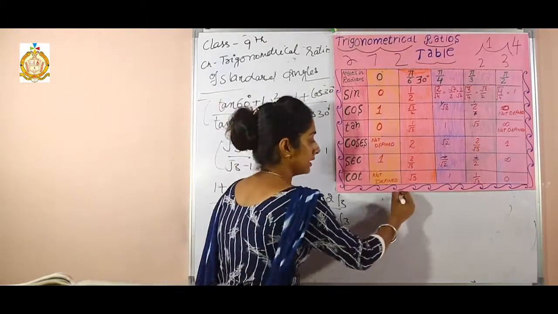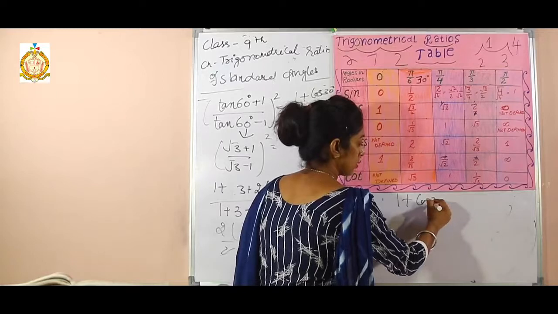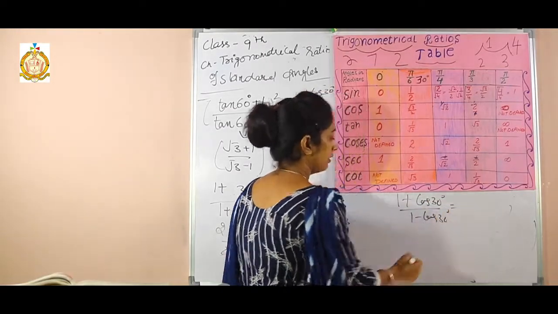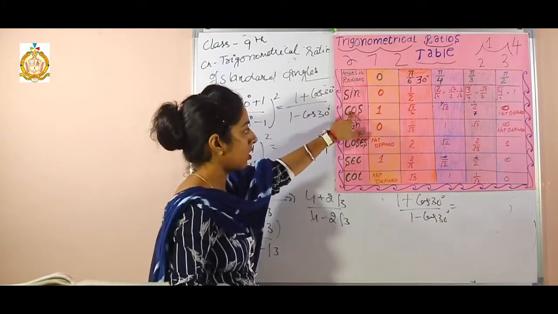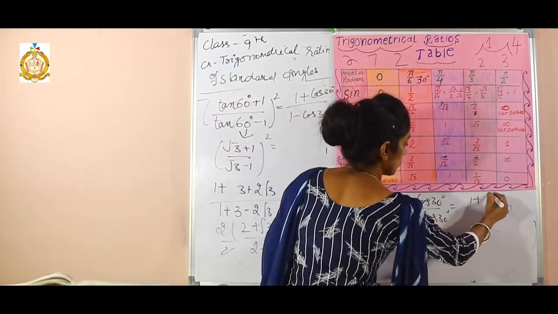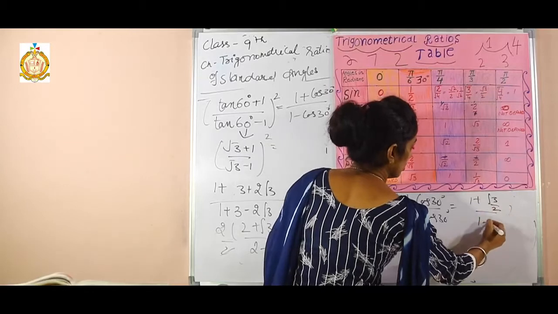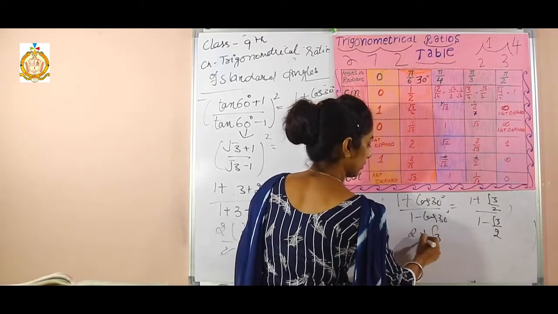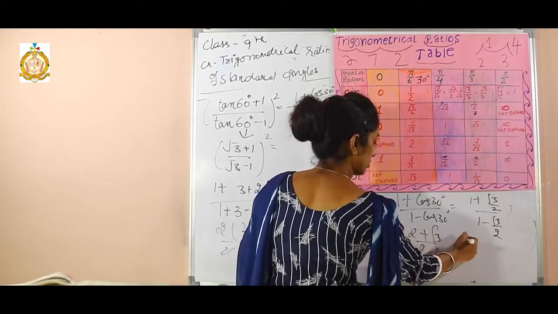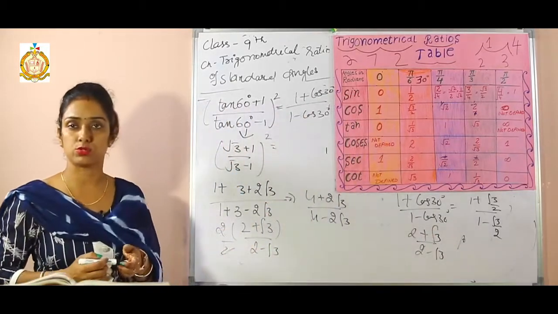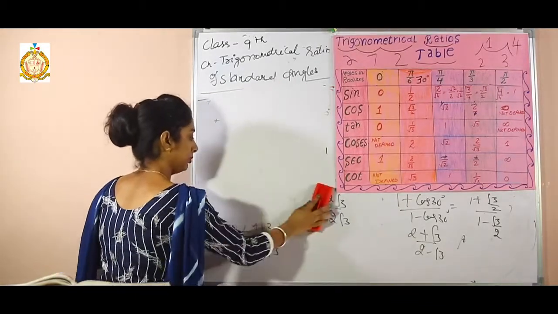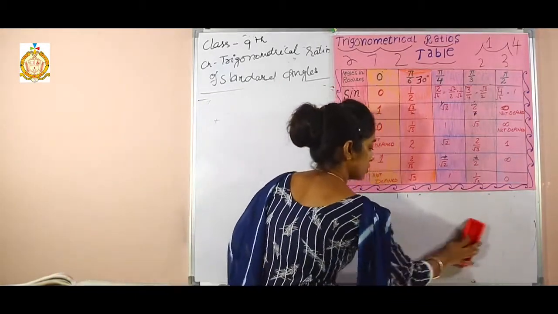Now after solving this, 1 plus cos 30 over 1 minus cos 30. Now cos 30 is under root 3 by 2, so 1 plus under root 3 by 2 over 1 minus under root 3 by 2, which is again 2 plus under root 3 over 2 minus under root 3. So left hand side is equal to right hand side. Now come to the next question.